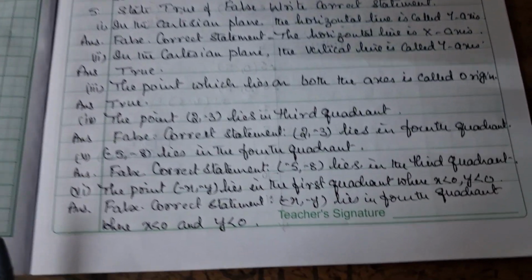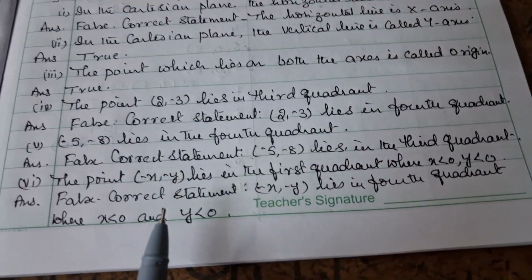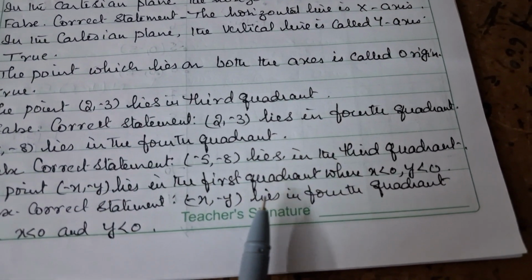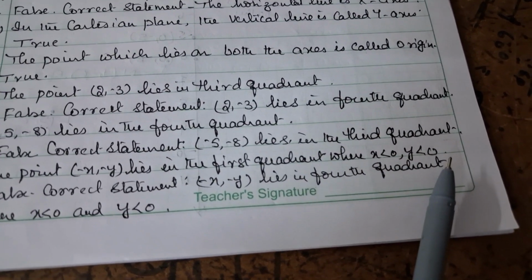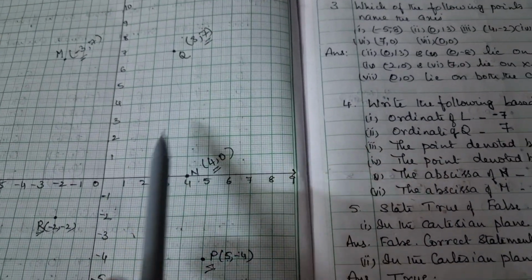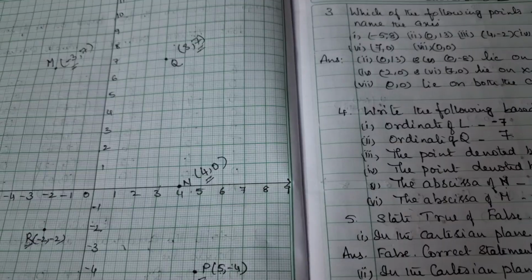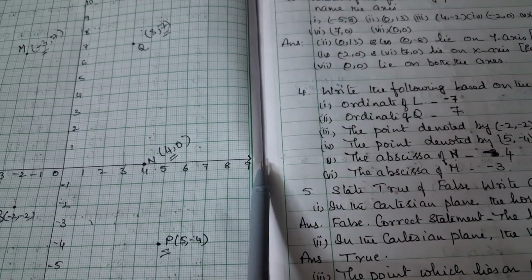Next, the point (-x, -y) lies in the first quadrant, where x is less than 0, y is less than 0. See, first quadrant means here. This is the first quadrant. In the first quadrant, x is less than 0 means negative values, but all values here are positive.